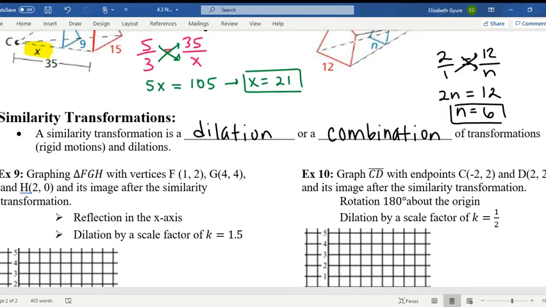When things are similar, they're the same shape, but not necessarily the same size. So they have some stuff in common, but not everything. So when you do a similarity transformation, that means you're moving things around and your first shape might be a slightly different size than your next shape, but the general look of it stays the same.